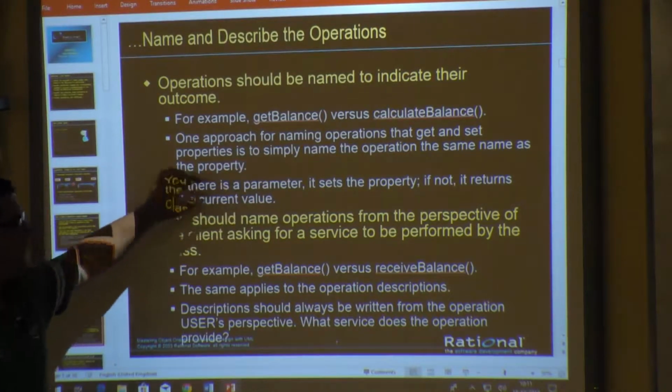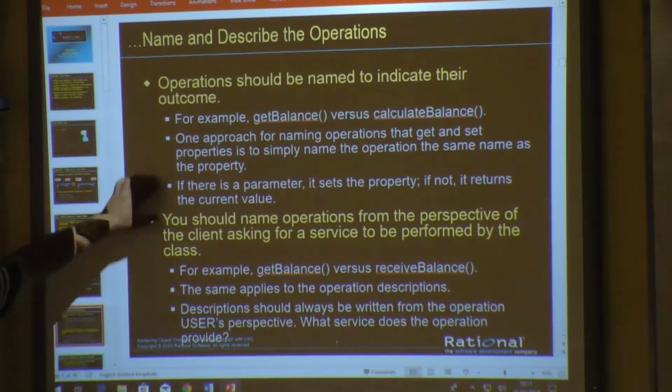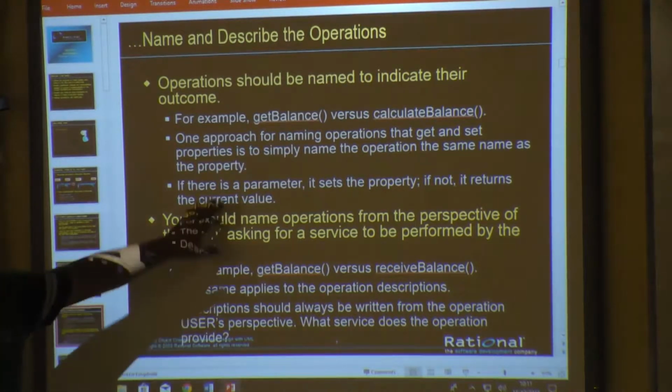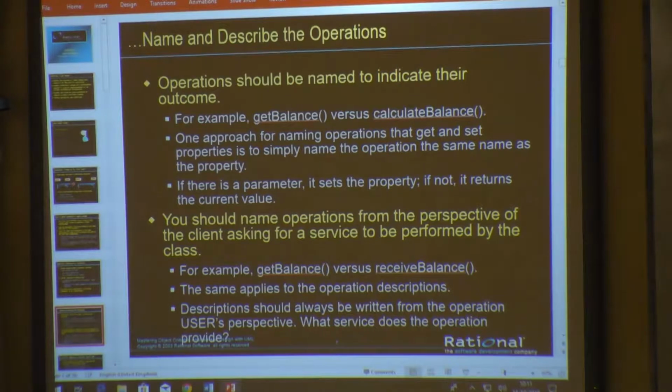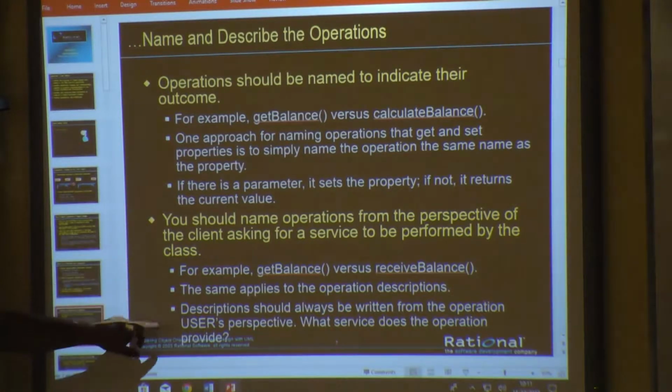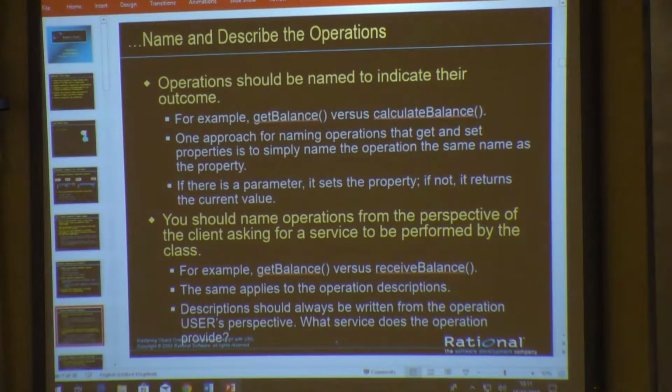So they say if we're going to read a property, and a property is an attribute or a field which we're going to read through the getters and setters, we will use something like get balance. Okay. If we're now operating in terms of the client perspective, and we're looking at get balance again and receive balance, what do we see there? What is the client going to do?